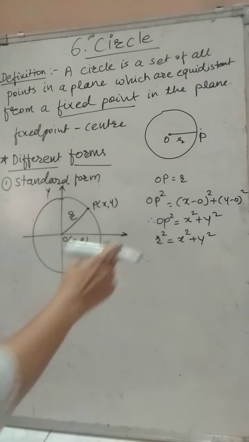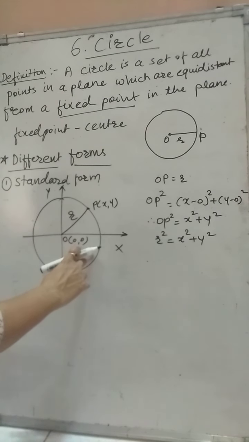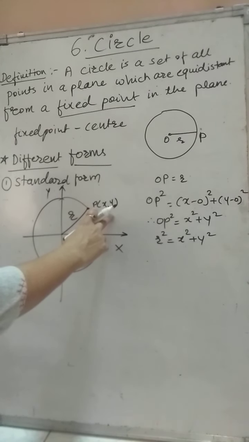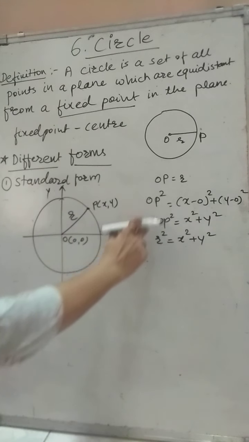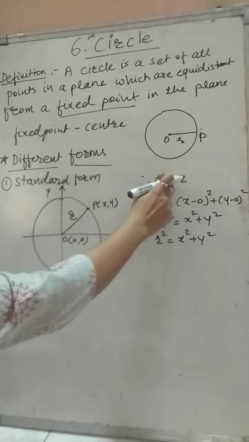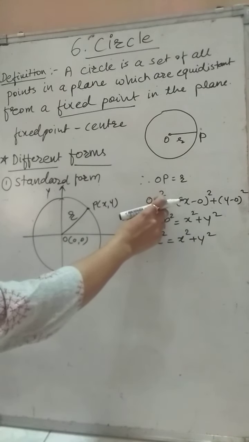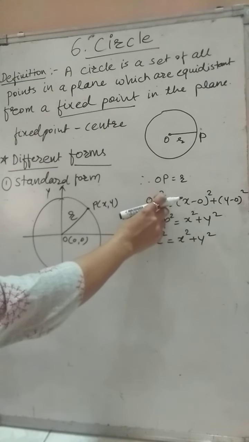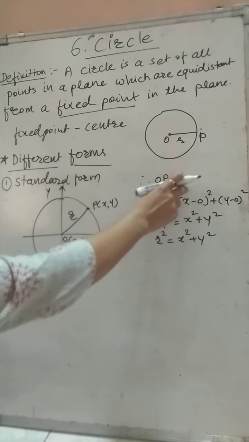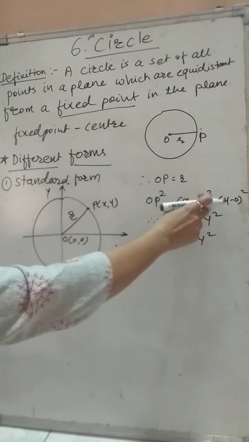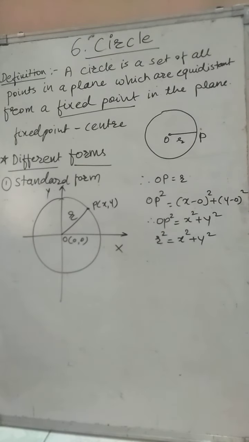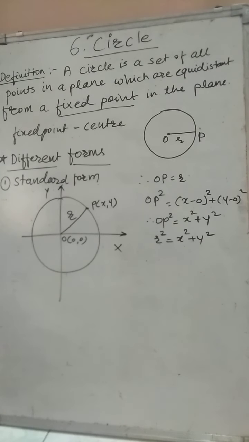If we consider the origin O (0, 0) as the center of the circle, and P(x, y) be any point on the circle, so what is the radius of the circle? OP is equal to r. So using the distance formula, what do we get? If we do squaring both sides, OP square equal to r square, that means (x minus 0) square plus (y minus 0) square. Therefore we got here r square is equal to x square plus y square.